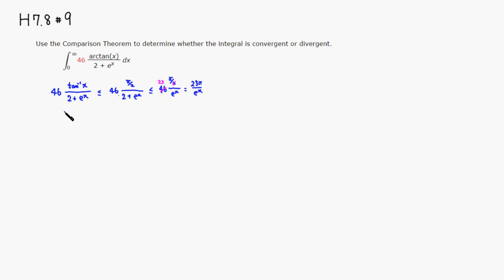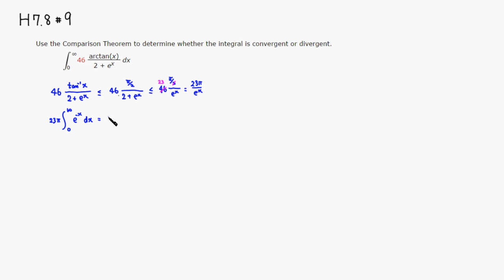So we look at the integral from 0 to infinity of 23 pi. This is just a number, so I would just kick that out of the integral. Then 1 over e to the x, I'm going to actually write it as e to the negative x, dx.